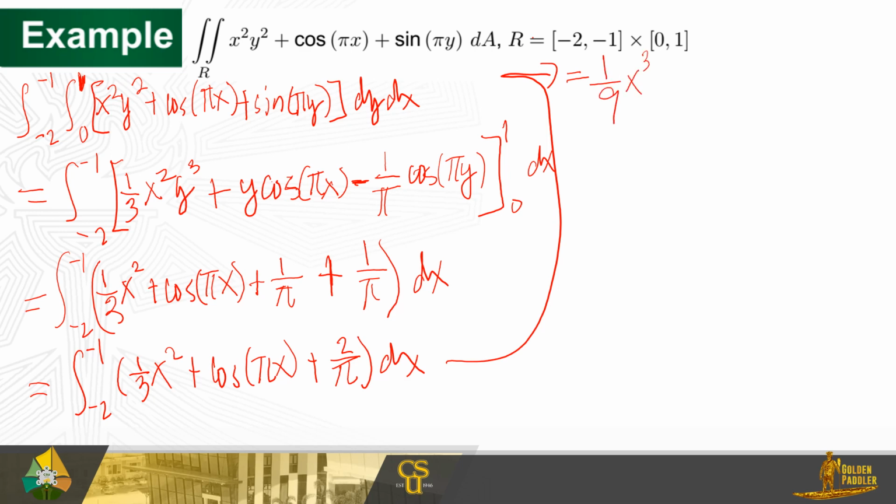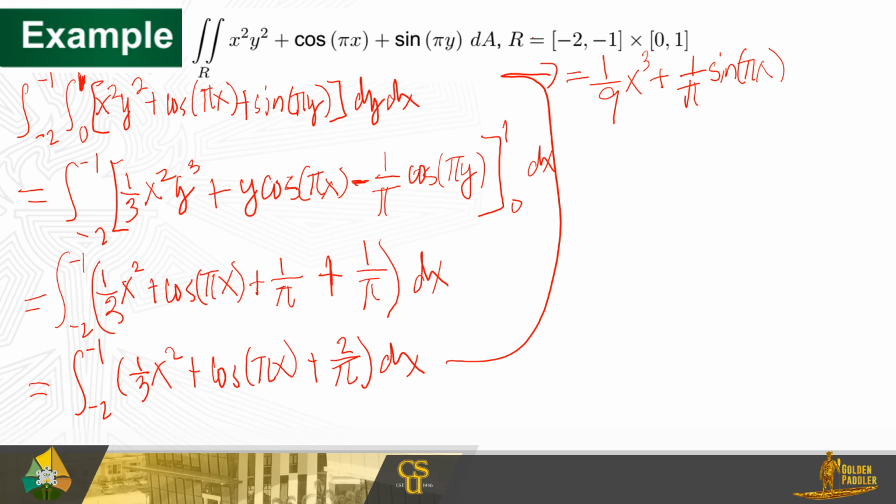Since this is with respect to x again, it becomes positive 1 over pi, because by the chain rule, sine of pi x. The derivative of sine is cosine of pi x times the derivative of pi x, which is pi. So, that cancels out. So, 1 over pi. So, our antiderivative is correct.